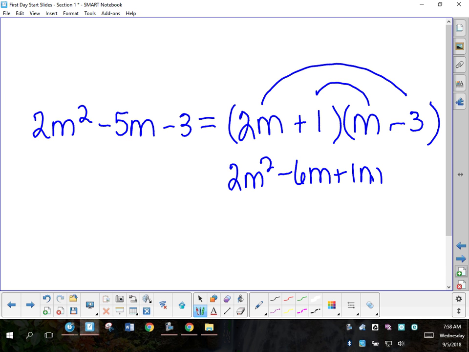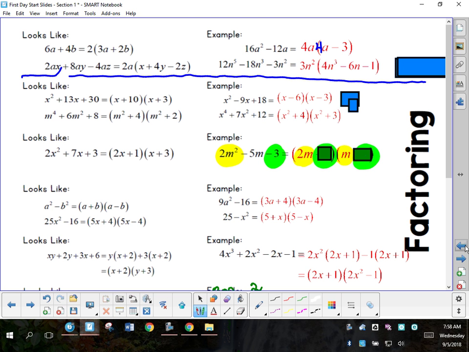Yes. So how many tries did it take? Okay. So now I would go over, and the only thing I really need to see on your paper is what the final answer ends up being, which in this case would be 2m plus 1 and m minus 3. Do we have questions on that?